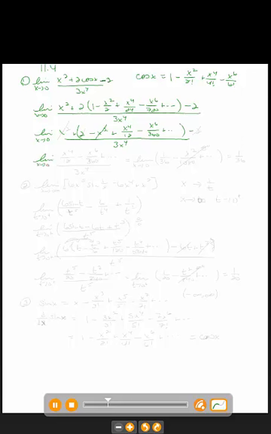Okay, so if we're looking at this, the x squares are going to cancel. The 2's are going to cancel. And I'm going to be left with x to the fourth over 12 minus x to the sixth over 360 plus dot dot dot, over 3x to the fourth, which would then reduce to the limit as x approaches 0 of, okay, I'm going to put the x to the fourth term by term into each one of those.